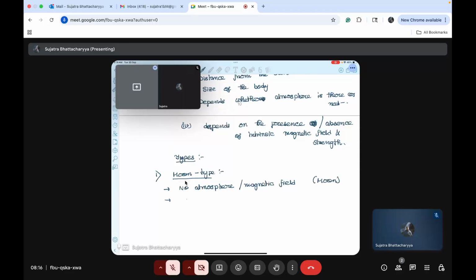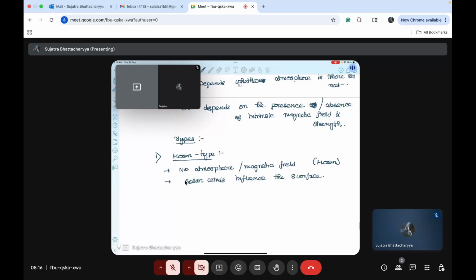Number two is that the solar winds influence the surface, because there is no magnetic field and atmosphere, so it directly influences the surface of the planet or the satellites, whatever.